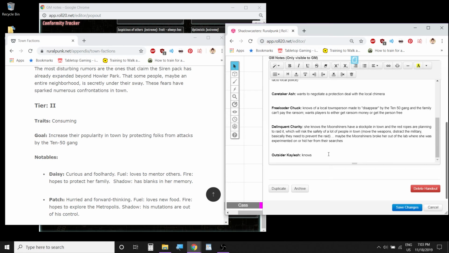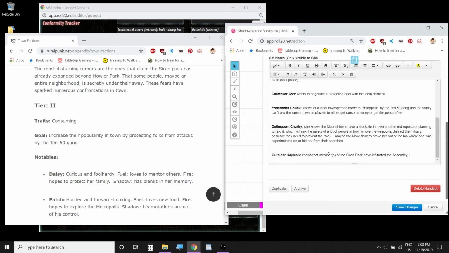knows that members of the Siren Pack have infiltrated the Assembly, which is sort of the town's main heritage faction.